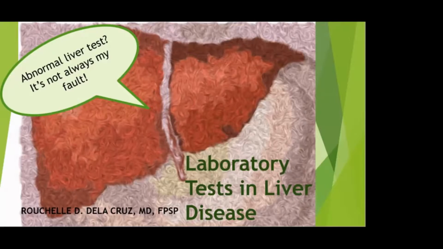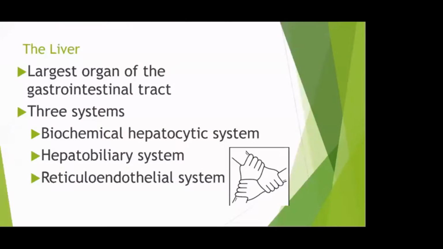So, an abnormal liver function test is not only caused by primary hepatic pathology. We all know that the liver is the largest organ of the gastrointestinal tract, and it has three systems.